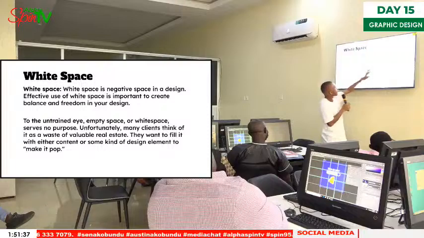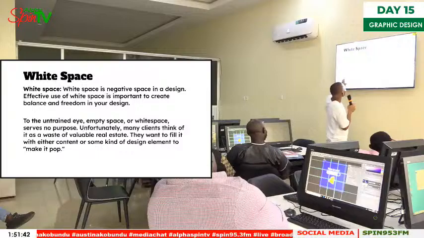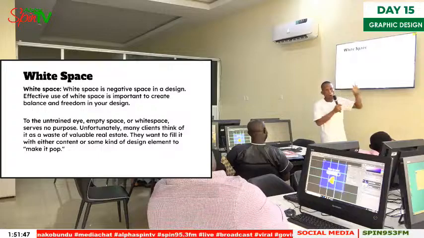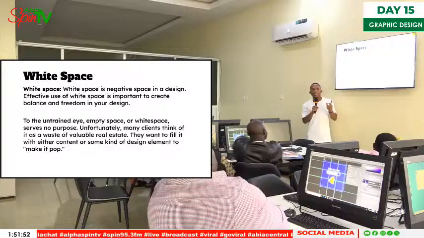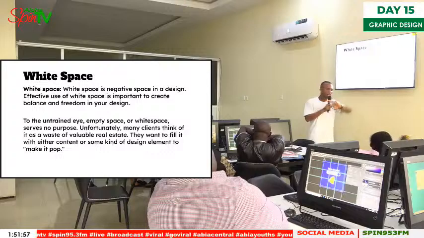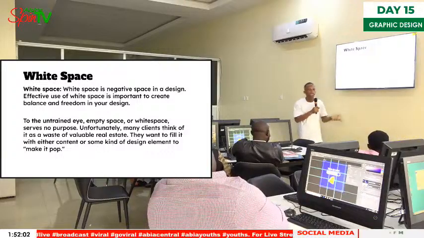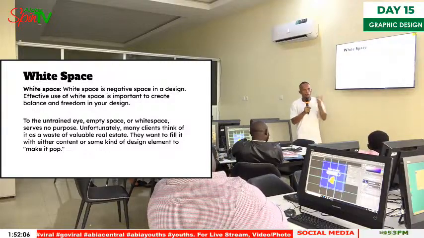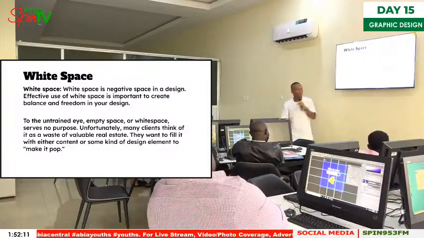Unfortunately, many clients think of it as a waste of valuable real estate. They want to fill it with either content or some design element to make it pop. But it's not about putting this one here; it's how effectively the design communicates. White space helps us make the design more legible first. Are we together?